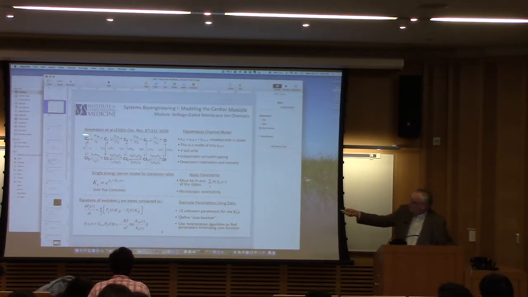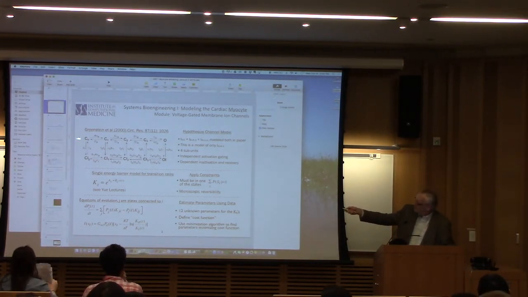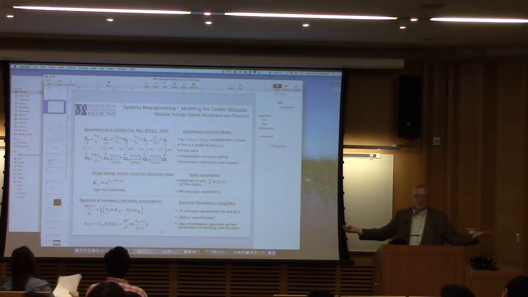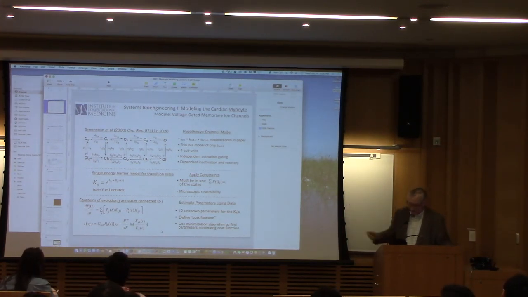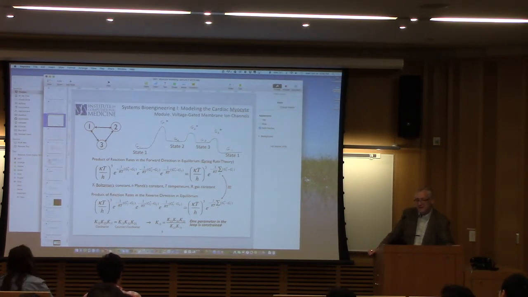If the channel model only had this set of linear states, if one progresses from C0, C1, C2, C3 to the open state, there are no loops in such a model. But there are loops in this model. And so what does it mean that there are loops energetically? It means something very important from statistical mechanics, and in particular a theory known as Eyring rate theory.